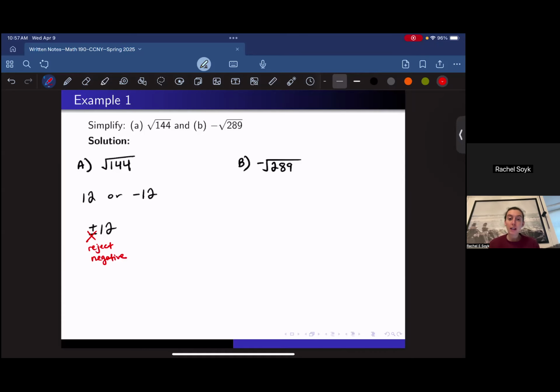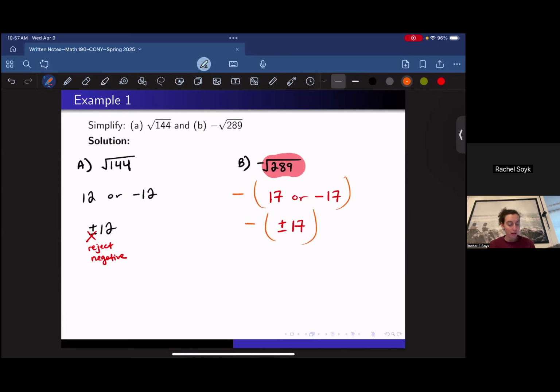We were looking at the negative square root of 289. Once again, just the square root of 289 would give us either a positive 17 or a negative 17, aka plus or minus 17. And then we have this negative in front, and so that really doesn't change the results.